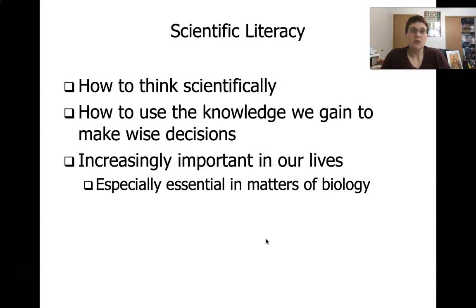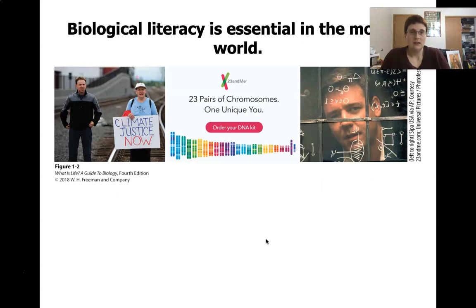But also, you guys have probably seen things like this, right? There's lots of stuff going on right now about the climate. You've got things like 23andMe and Family Tree and all of these DNA kits. So if you do one of these, what does that mean? What are they looking at? There's all kinds of science in our popular media and in our movies and things like that. So if you understand some of the science and understand scientific thinking, actually some of that's more interesting and fun.